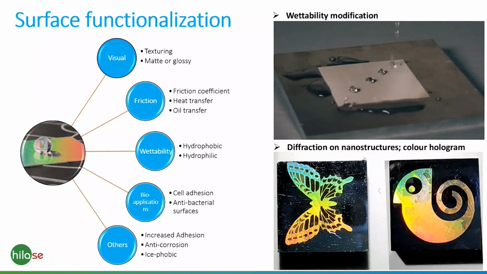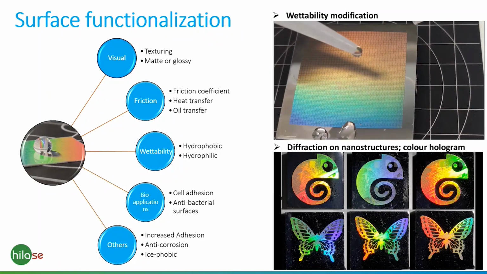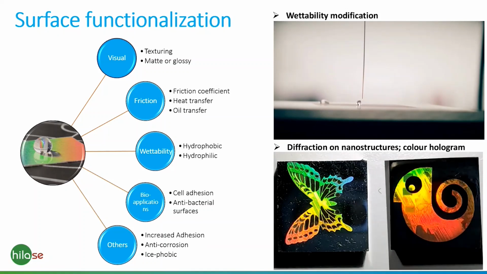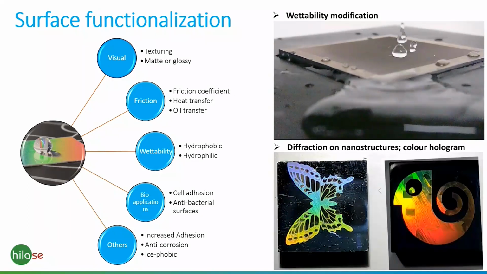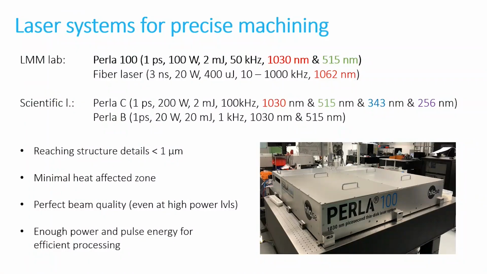We can make the surface superhydrophobic or superhydrophilic. We can also change cell adhesion, antibacterial properties, and so on. It's quite a broad range of applications which we can do with just different kinds of micro and nanostructures.